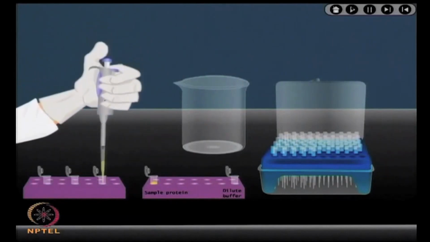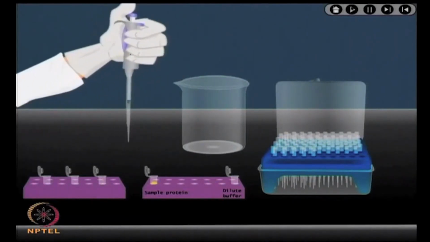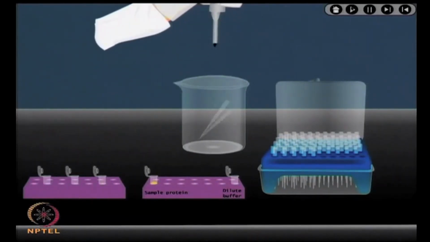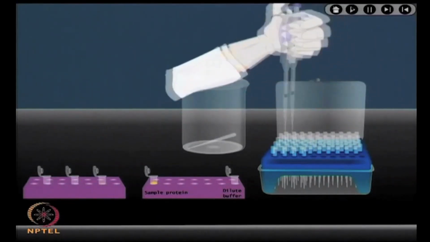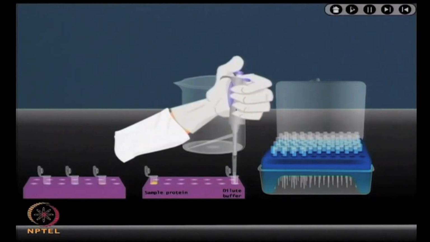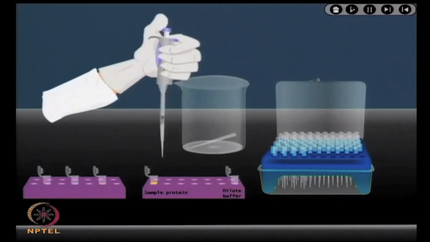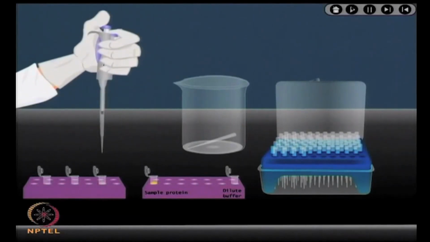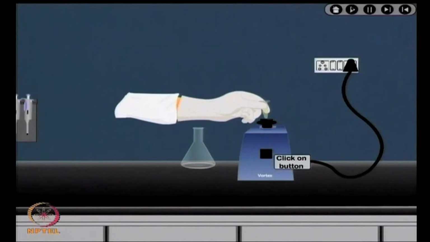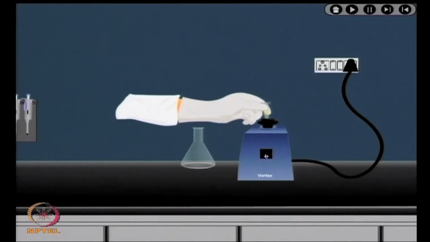The crude serum can be diluted 5 times with phosphate buffer pH 7.4. Ensure that mixing is uniform, and then vortex by clicking on this vortexer here for 30 seconds.